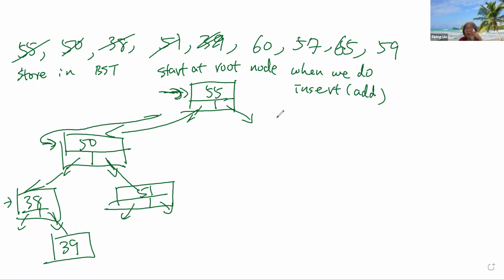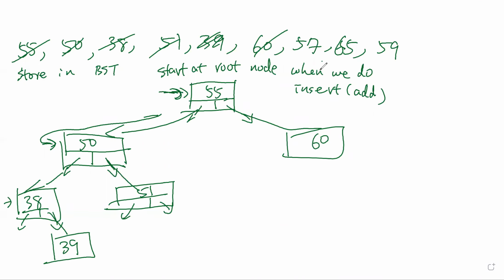Then how about 60? Go to left or go to right? Right. So we have 60. I'm going to draw a simpler way. And then 57. Go to left or go to right? Left. So here you have 57 and 65.